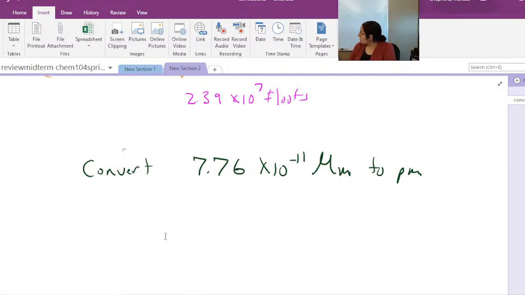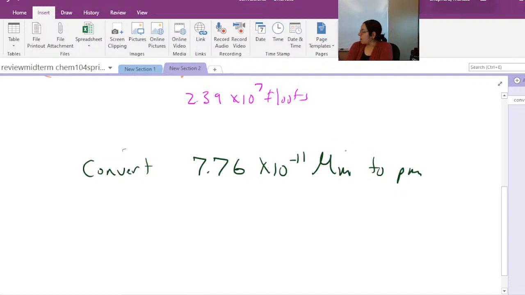So walk me through, what are we thinking for this problem? Just do two different ways to approach it. What do we know? So what's megameter?